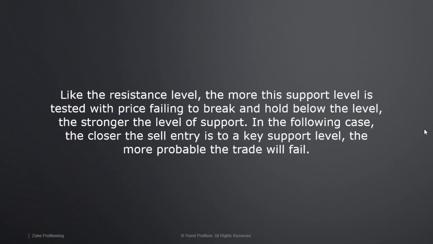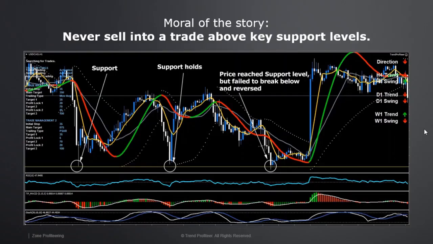Like the resistance level, the more the support level is tested with price failing to break and hold below the level, the stronger the level of support. In the following case, the closer the sell entry is to a key support level, the more probable the trade will fail. So you can see here, support was set here. It held at this point, came close to testing it, and failed, bounced off it, and once again here.